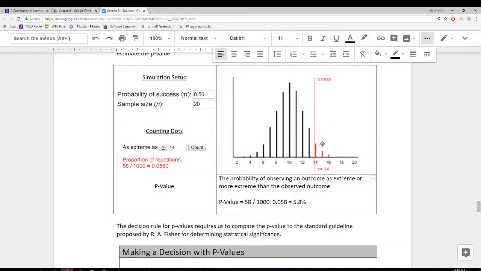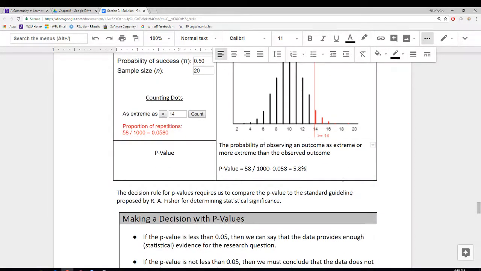If the study outcome was way out here at, say, 18, the p-value is actually going to be quite small because I don't have any dots out here at 18 and above. And certainly we would agree that 18 sits in the top 5%. So again, the p-value approach to determining whether or not I have enough evidence is equivalent to the outlier rule approach.